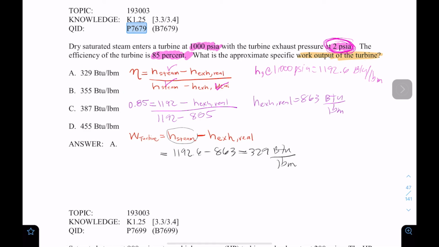Here we use again this part, but this is an important one that we really need to calculate. We cannot just go directly to here because we are given the efficiency of the turbine. That's why we need to use this extra step above to calculate that one. So that gives me the answer to be alpha.